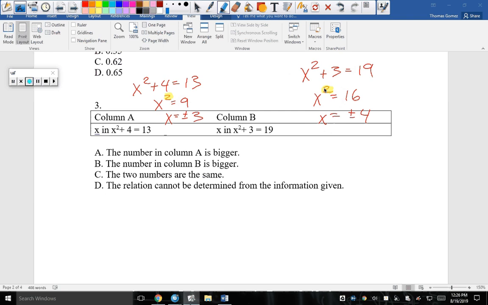A positive. So when you're doing that, x squared equals a number, y squared equals a number, whatever it is, you're going to do the plus or minus. That's a huge mistake that people make in this class. Please don't forget, okay? That's a huge, huge thing that you're going to do all year. Plus or minus, okay? So the answer on this: the relation cannot be determined from the information given. Questions? Okay.